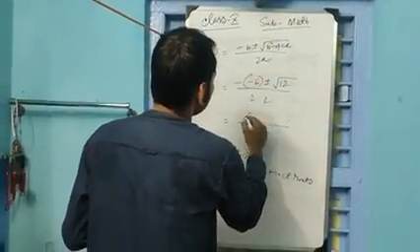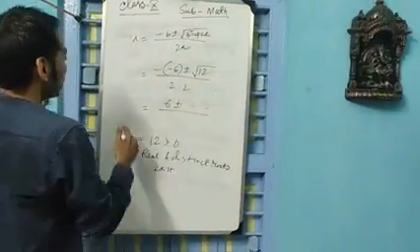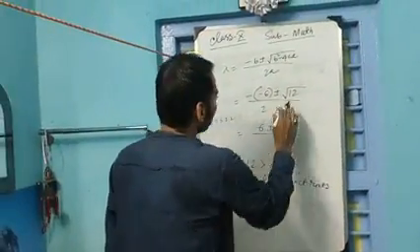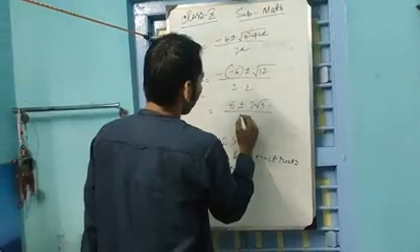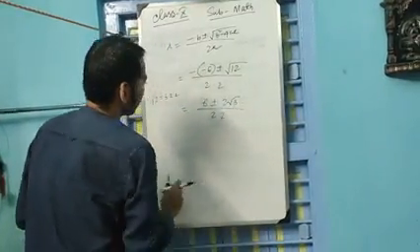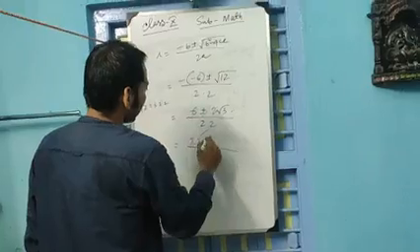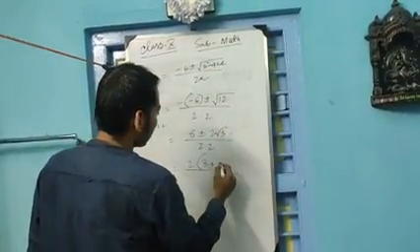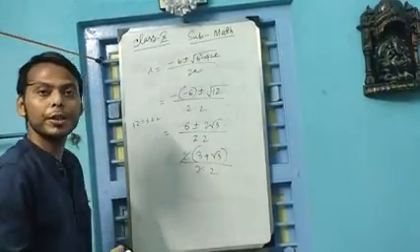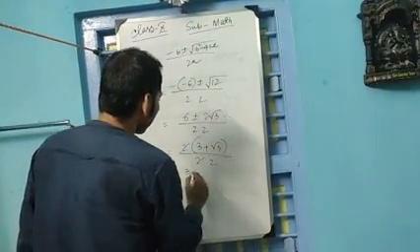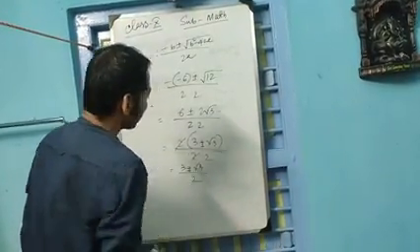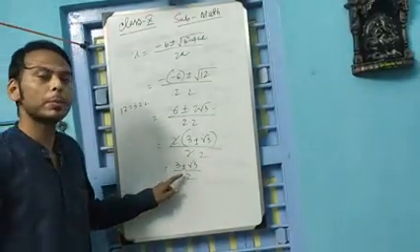So (6 ± √12) / 4, and √12 breaks into 2√3, so it is (6 ± 2√3) / (2 × 2). Now taking 2 common from the numerator, we get 2(3 ± √3) / (2 × 2). The 2 is cancelling from both numerator and denominator. We get (3 ± √3) / 2. So the two roots are (3 ± √3) / 2.